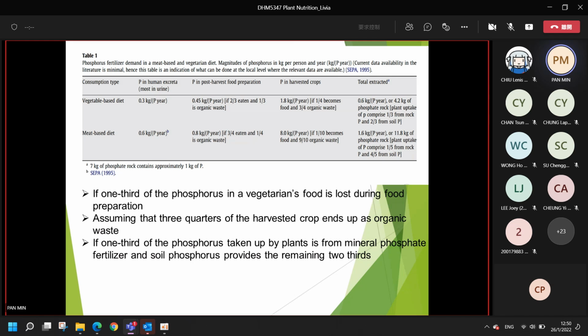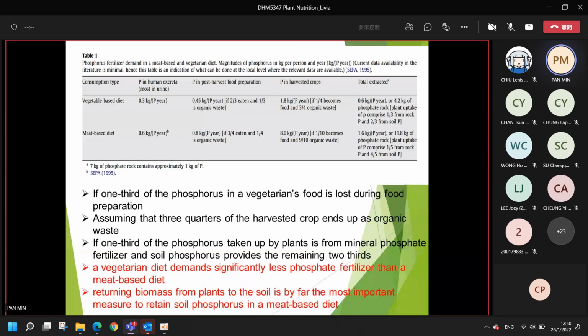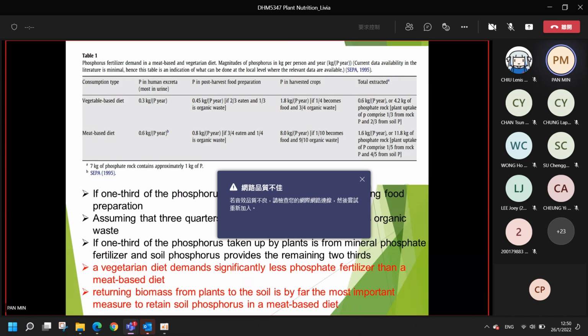A vegetarian diet needs less phosphorus fertilizer than a meat-based diet. And returning the biomass from the plant to the soil is by far the most important measure to retain the soil phosphorus in a meat-based diet.